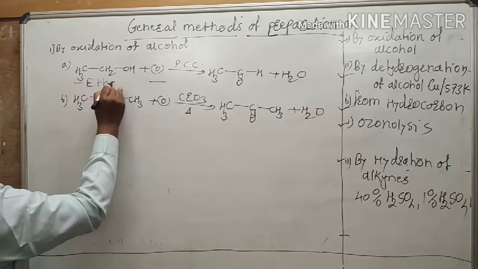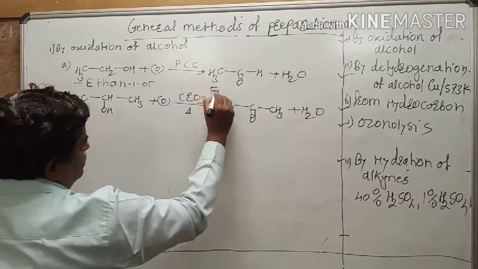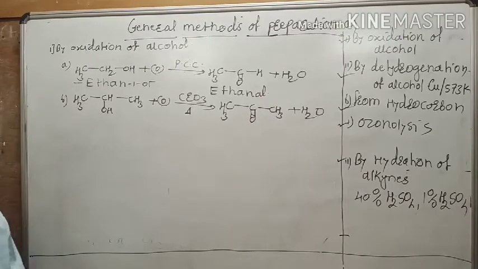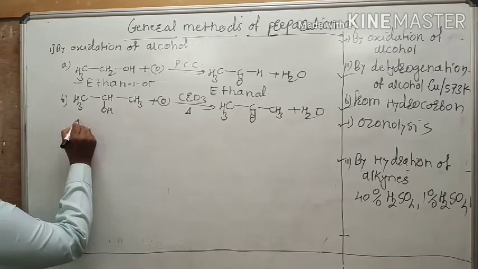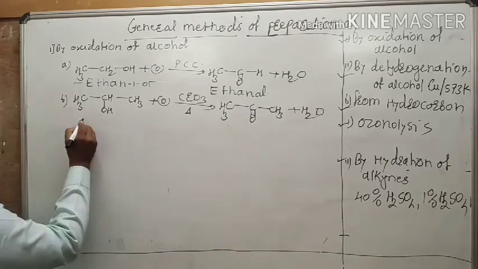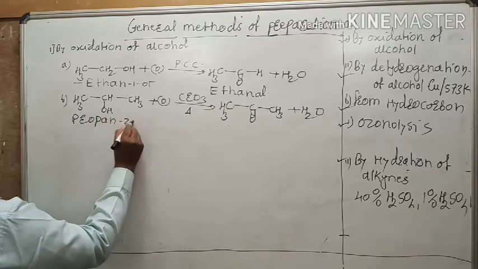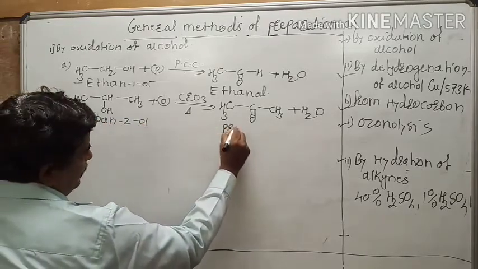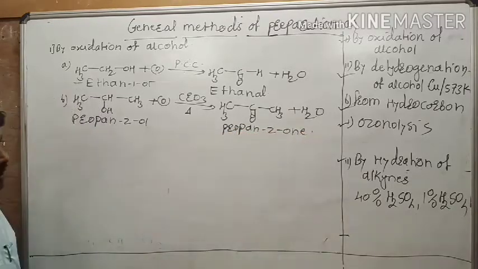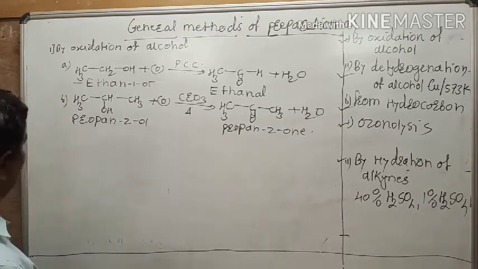So this is ethanol and this one is ethanal. This is isopropyl alcohol, this is acetone, and the IUPAC name is propan-2-ol, and this is propanone.